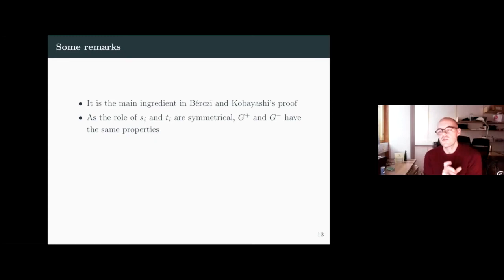Because the orientation is basically how you go from Si to Ti. So if you want to go from S1 to T1, this is the orientation that you give to the blue edges. But S1, T1 play exactly the same role. They have a symmetrical role.